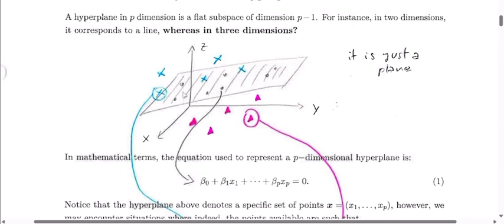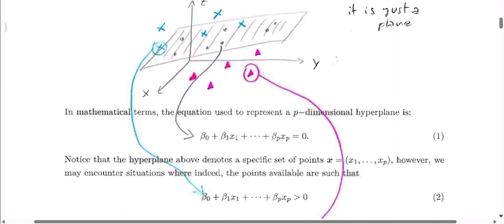I'm showcasing a three dimensional X, Y, and Z, and I have some data points that have been classified. You can see the ones in X, and you can see the triangular ones. So that is going to be the job.